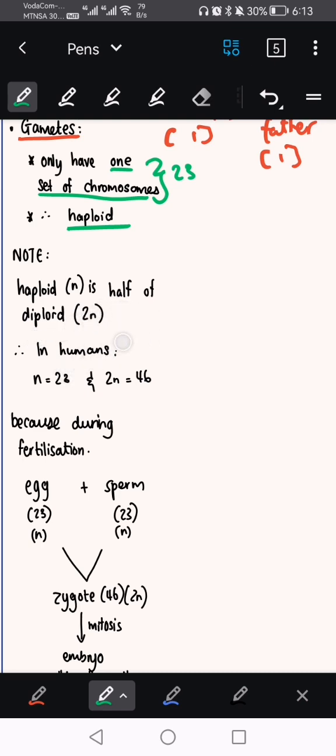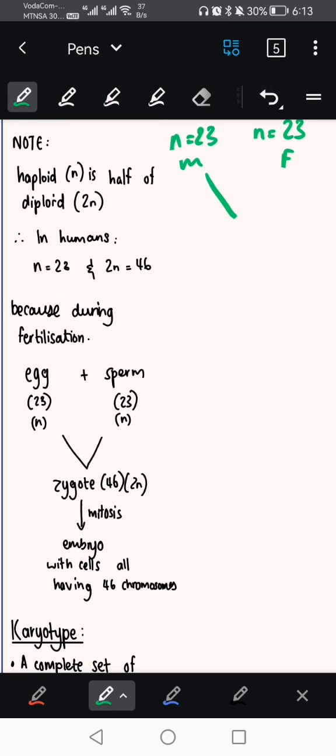So in humans, you have 2 sets of haploid. That's why we call it N and 2N. So you have N equals 23 and N equals 23, from your mother and from your father. When fertilization happens, the egg will have 23 and the sperm will have 23.